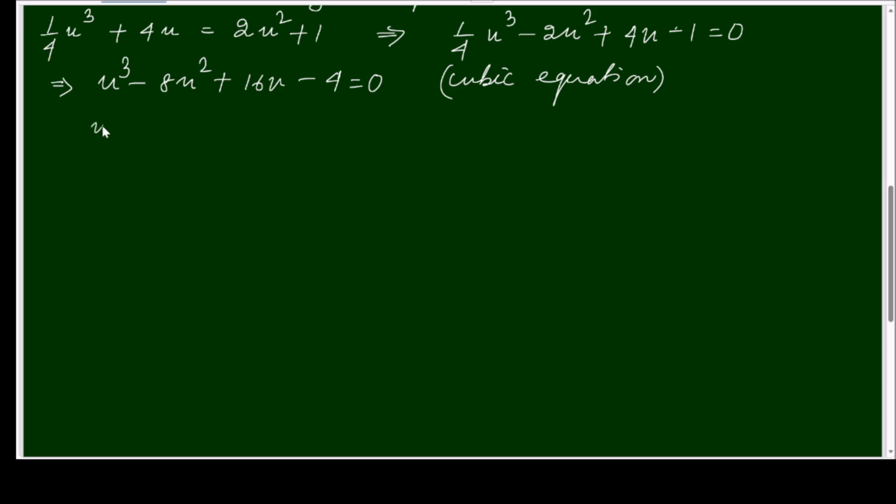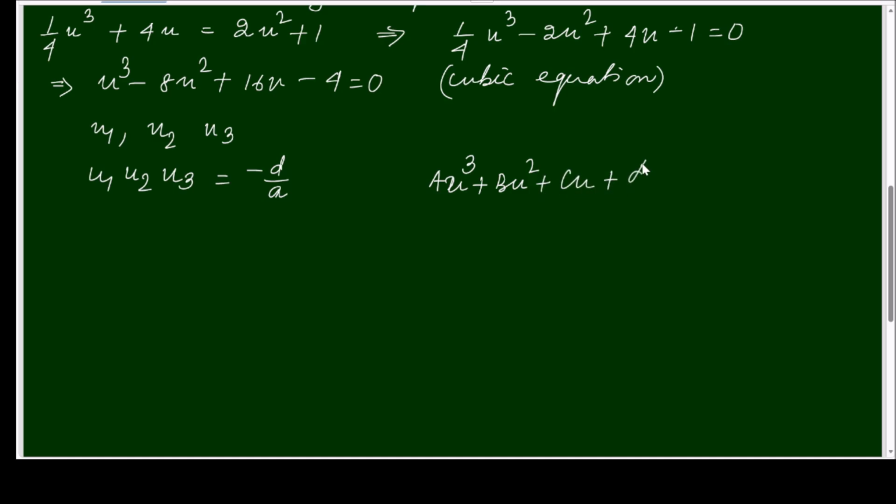So we can write them as u1, u2, u3, and from Vieta's rule we know that u1 into u2 into u3 equals negative d by a, when the equation is a u cube plus b u square plus c u plus d.